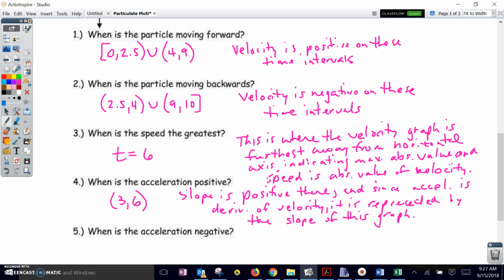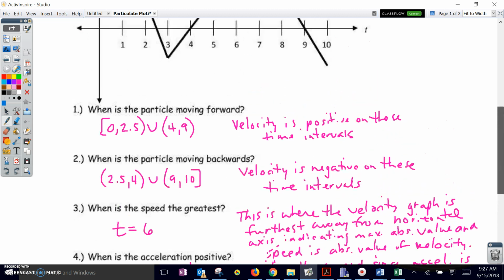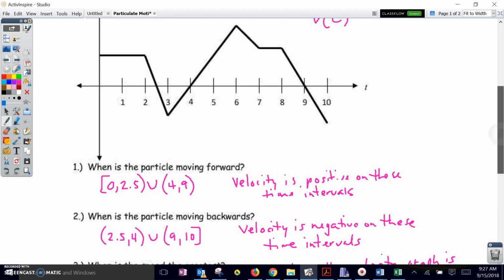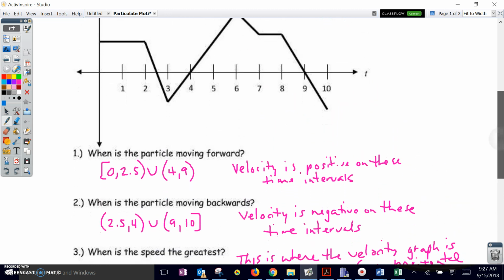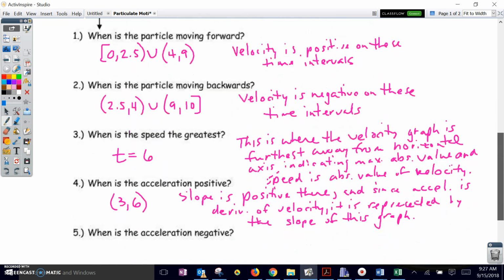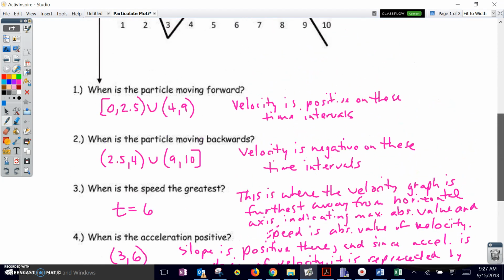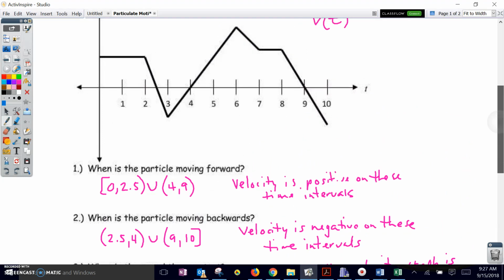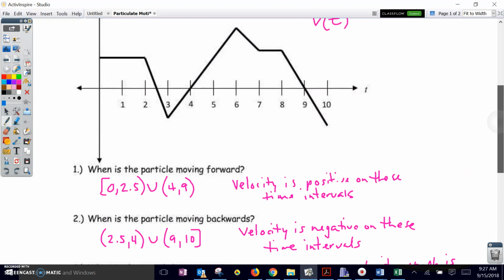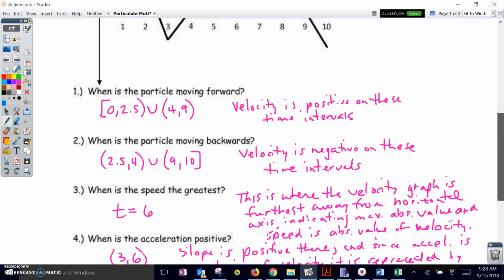Alright. Question number 5, when is the acceleration negative? So we'll use the same reasoning that we did in question number 4, except now we're looking for where the slope is negative. So we'll go ahead and look at the graph. The slope is negative from time 2 to 3. There's a bunch of intervals where the slope is negative here. 2 to 3. And from 6 to 7. And from 8 to 10.